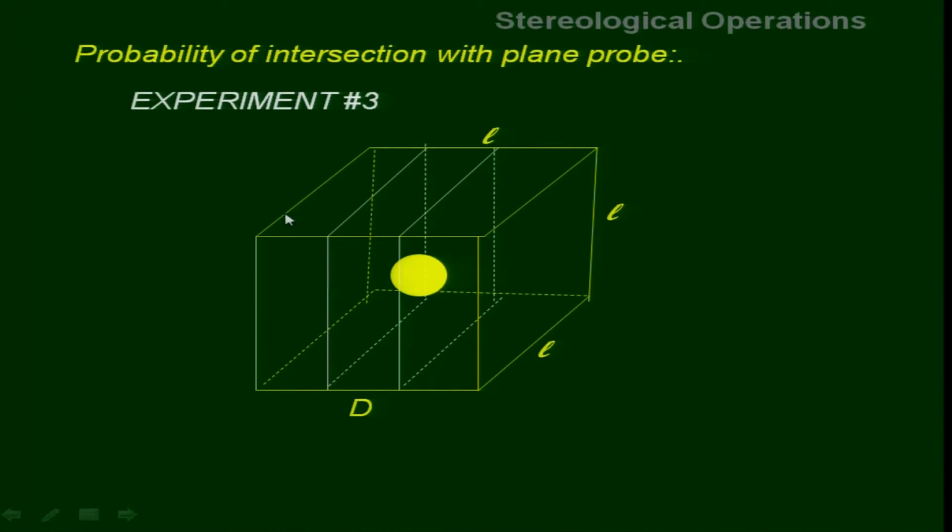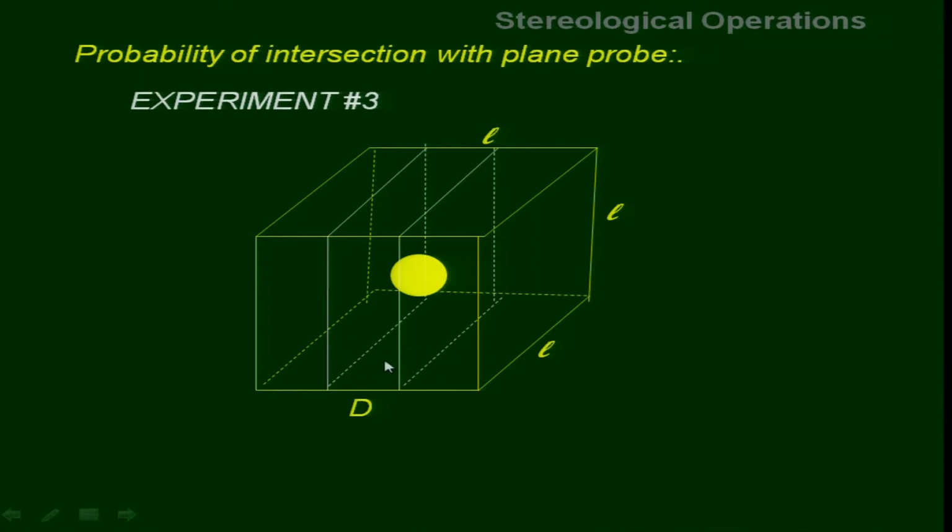Now, in order to look at this, consider these two planes which have been drawn in such a way that they are tangent to the opposite ends of this spherical particle. This plane makes a point contact with the spherical particle on this side, and this plane makes a point contact on the other side of the particle. What would be the distance between these planes? The distance between these two planes would be d.